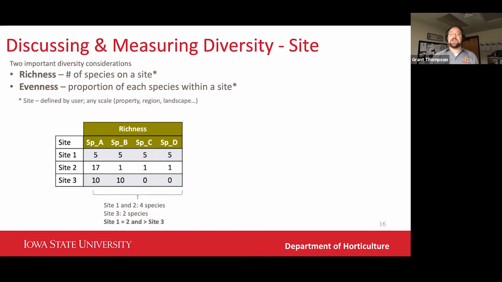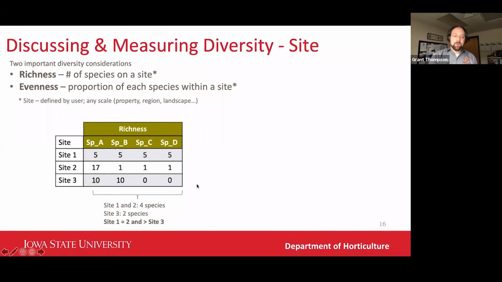And I use site loosely because it's described by the person measuring it. Maybe it is a very small plot that they're measuring. Maybe it is an entire wooded area, which could be many acres or hundreds or thousands of acres. Or maybe it's an entire state or region. So site here is loosely defined because it's defined by the person measuring.